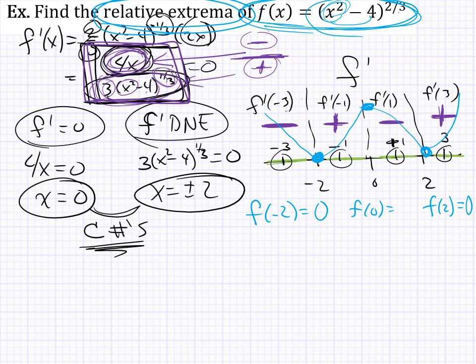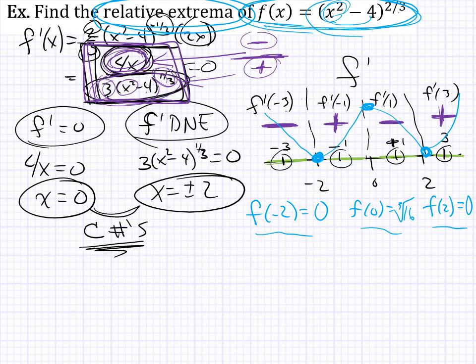If I plug 0 in, I'm going to get -4 to the 2/3. And f of 0 will end up equaling what now? It'll be 16, the cube root of 16. Right? So you see that each one of these values exists.